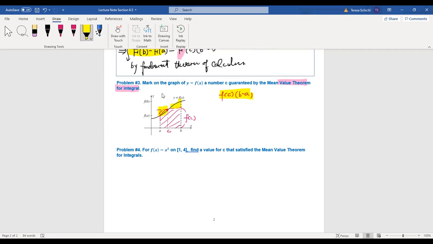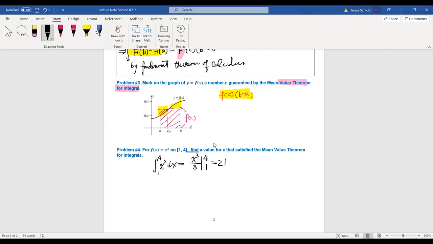All right, so now let's take a look at the next one. They said f of x is equal to x squared. So how do I find the c that satisfies the mean value theorem of the integrals here? I want to find the total area, so the integral of x squared from 1 to 4 dx is x cubed over 3 from 1 to 4, which is 21, right?